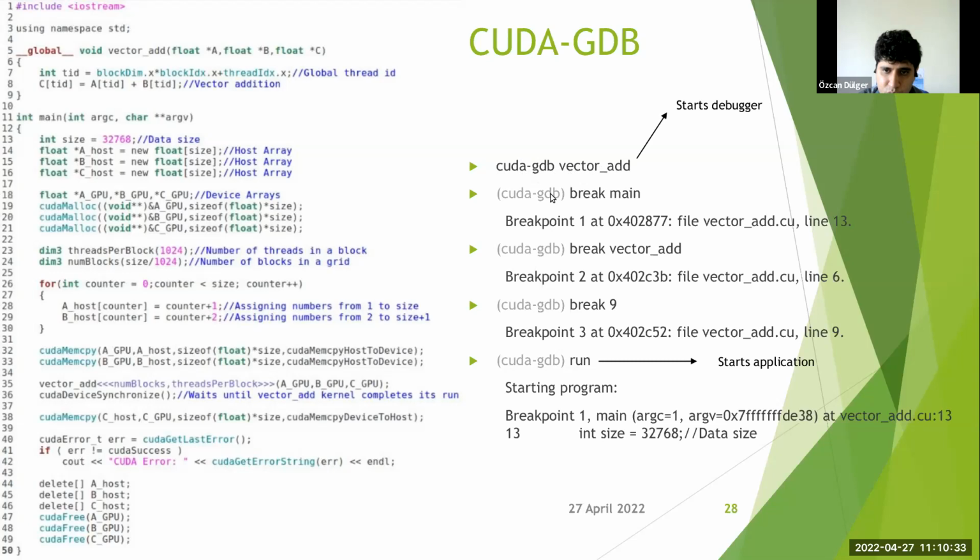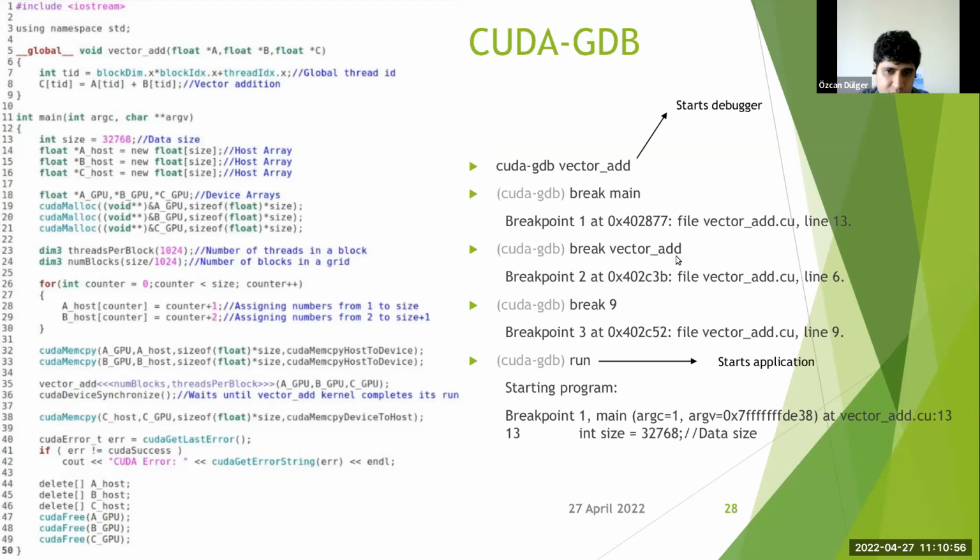First, it is better to set the breakpoints. Let's set the first breakpoint to the main function by using the name of the function here. Then let's set the second breakpoint by using the kernel name, vector add.